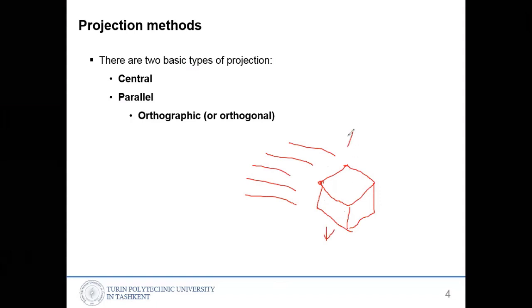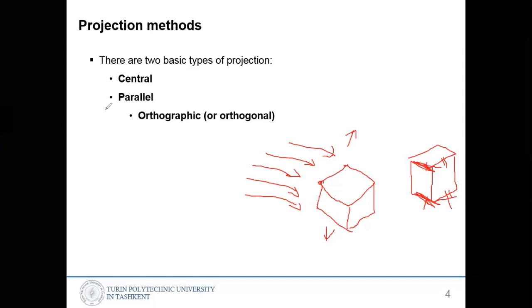If you look in the direction of the arrow, you will see something like this. The sides or edges of the cube will also be parallel, because you are looking with parallel lines. So this line and that line will be parallel, this line and that line are parallel, and that one is also parallel to this one.